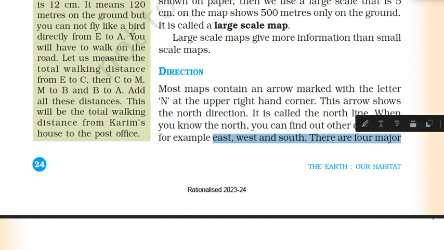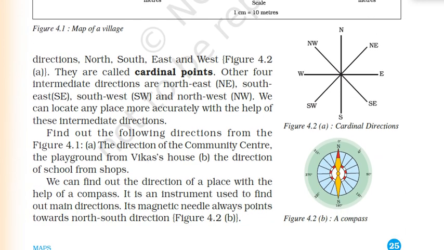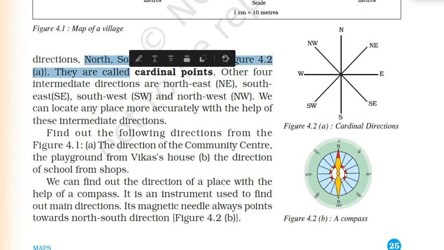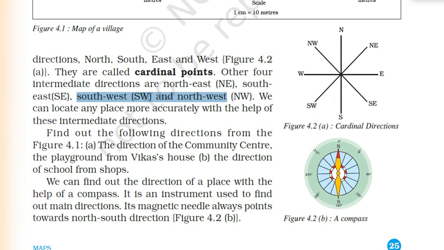There are four major directions: north, south, east, and west. They are called cardinal points. Other four intermediate directions are northeast, southeast, southwest, and northwest. We can locate any place more accurately with the help of these intermediate directions.